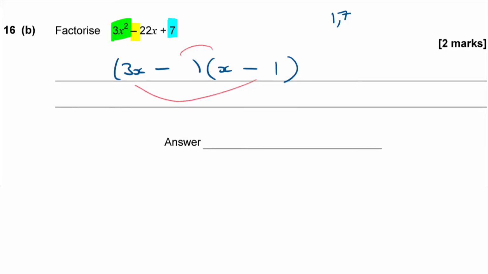So it's got to be the other way around. Let's try it with the 1 here and the 7 here. Then my 3x times my minus 7 is going to give me minus 21x, and minus 1 times x is going to give me another minus x, giving me minus 22x altogether. So that is the solution then, isn't it? So (3x minus 1)(x minus 7) is the answer.